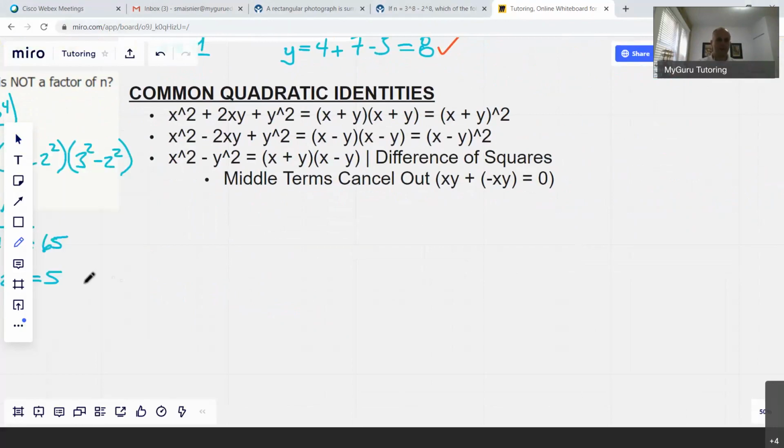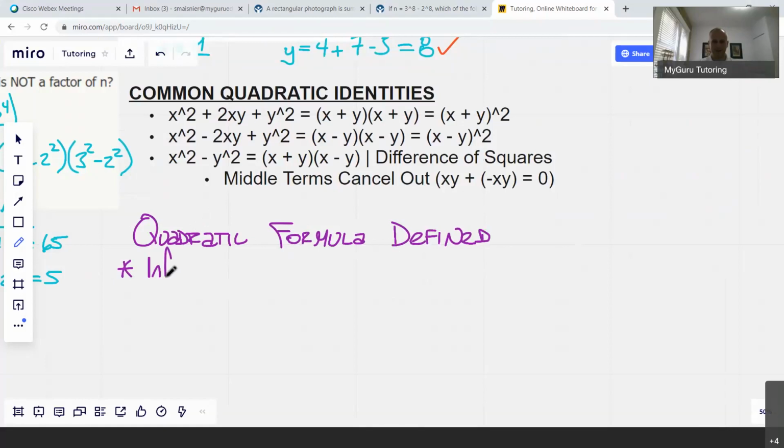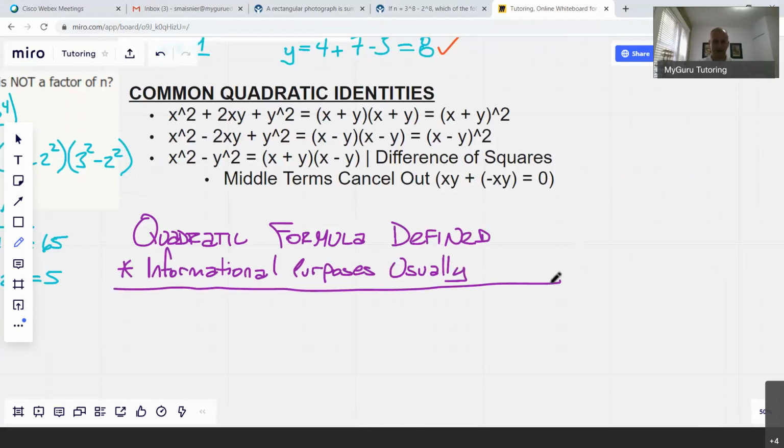So the way that the quadratic formula is set up, and defined, again, is really for informational purposes only, because you should not find yourself needing to use this on the exams.